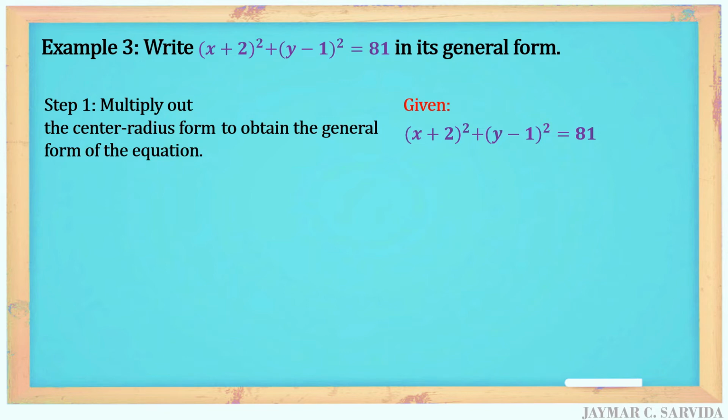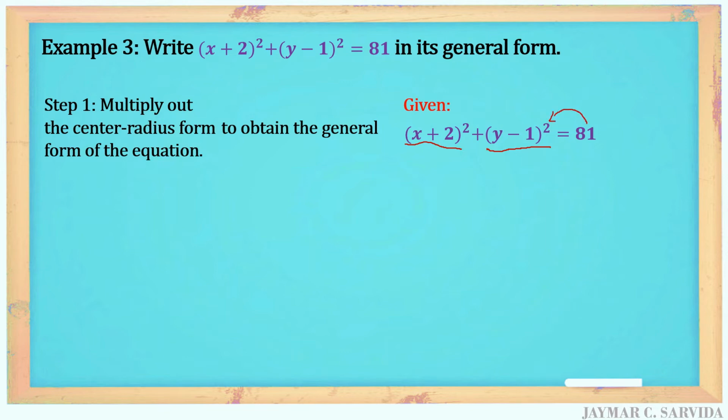Okay, so what we are going to do here is i-expand natin itong quantity of x plus 2 squared at itong quantity of y minus 1 squared. And then itong 81, ililipat muna natin siya dito sa left-hand side ng ating equation.